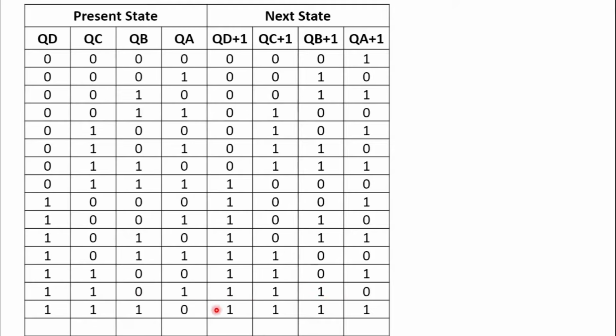State 14 is followed by state 15, and state 15, that is 1111, is followed by the initial state, that is 0000. So this is the truth table showing how present state is converted into next state.